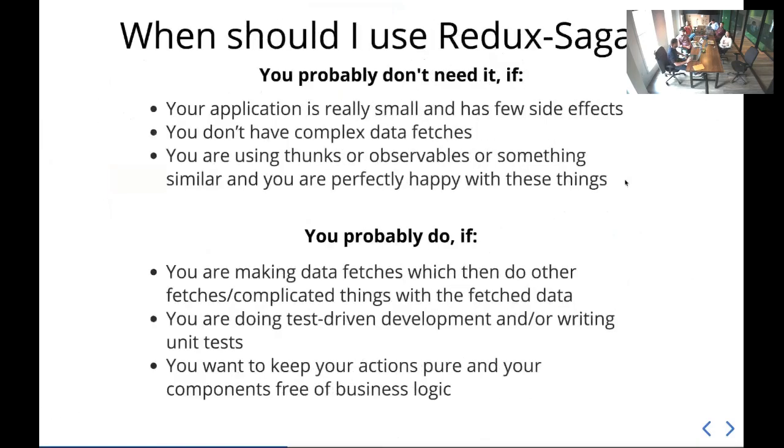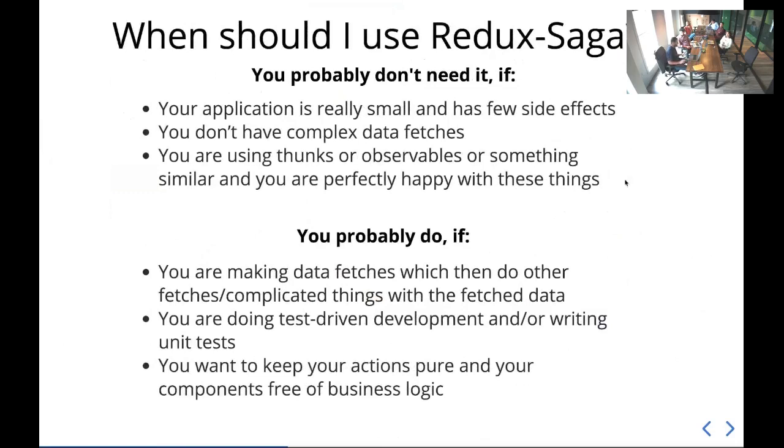So when should you use Redux Saga? Usually it's not appropriate for smaller projects. There you can probably manage using other libraries or just usual HTTP requests. But it's probably appropriate when you expect your application to grow to the point where there are multiple codependent API calls, or you have lots of layering, or you just expect it to be really large.